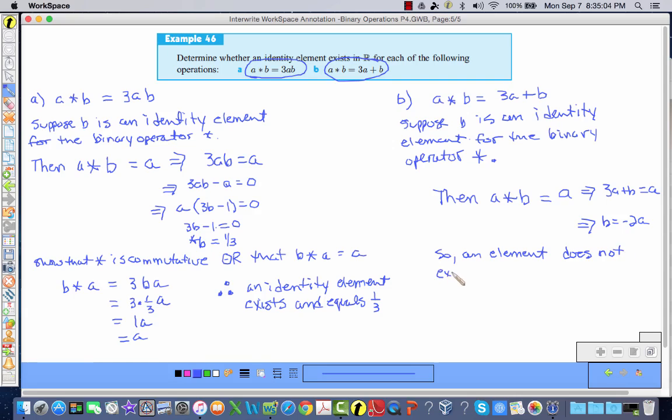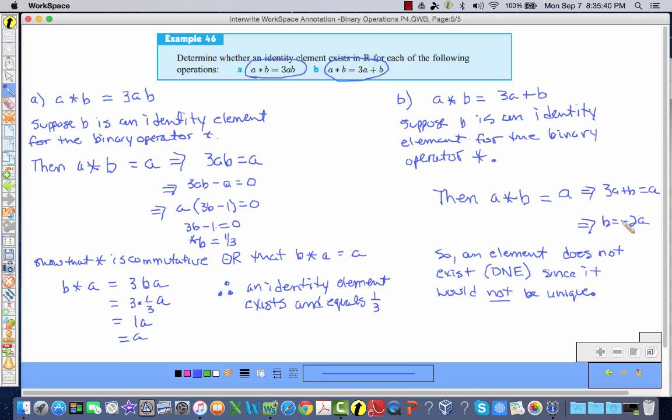Does not exist, sometimes abbreviated DNE, since, here comes the reason, see if you know it, it would not be unique. Okay, why would it not be unique? Because this is general. A could be anything. We're on the set of real numbers. So there are an infinite number of possibilities here.